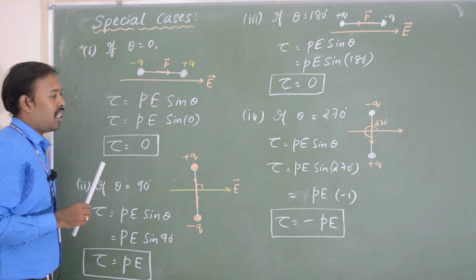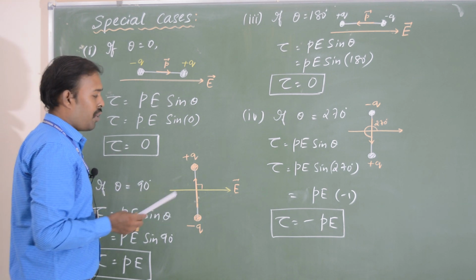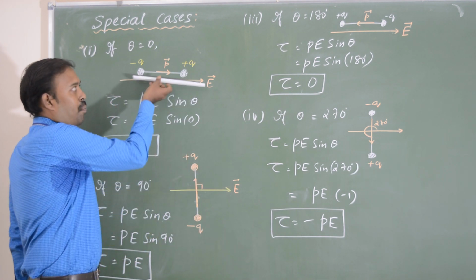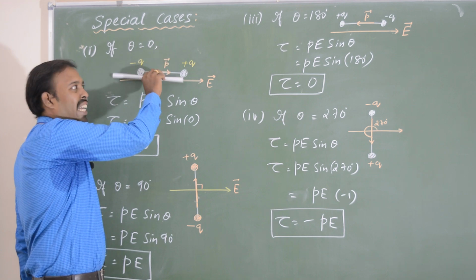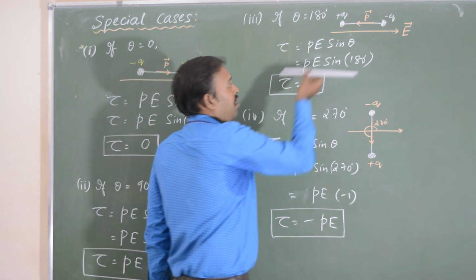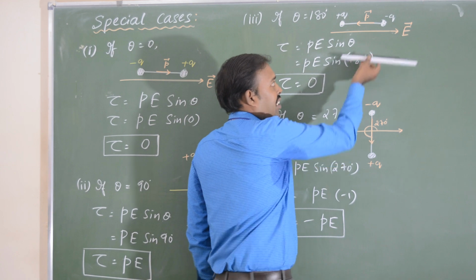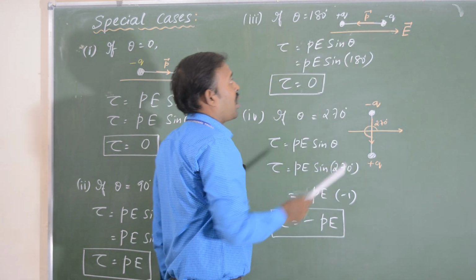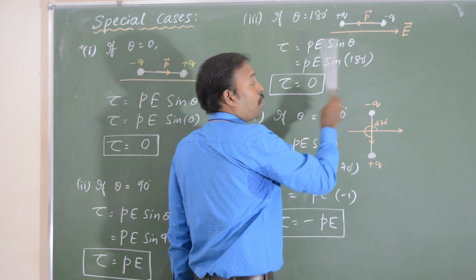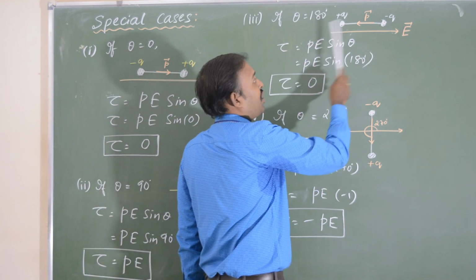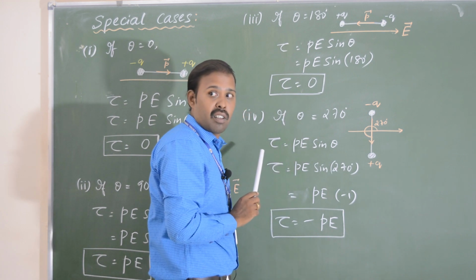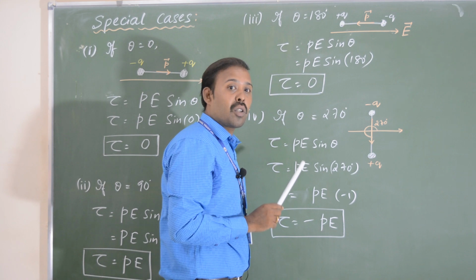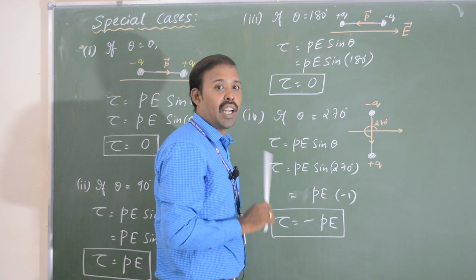Right? Now in the next case, I am going to rotate this dipole by 180 degree. See here, the dipole was like this and I have rotated it by 180 degree. Now the dipole is opposite to the direction of electric field. The dipole is placed opposite to the direction of electric field.